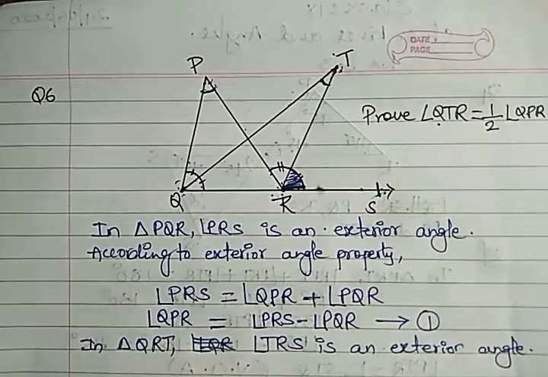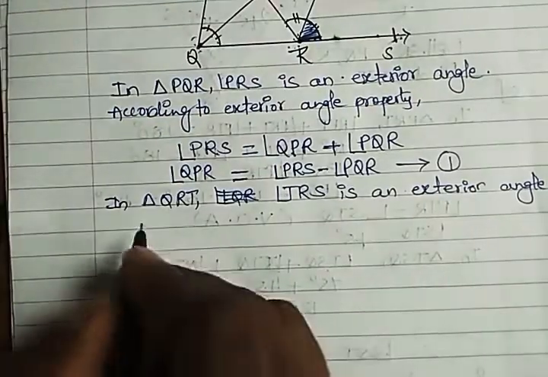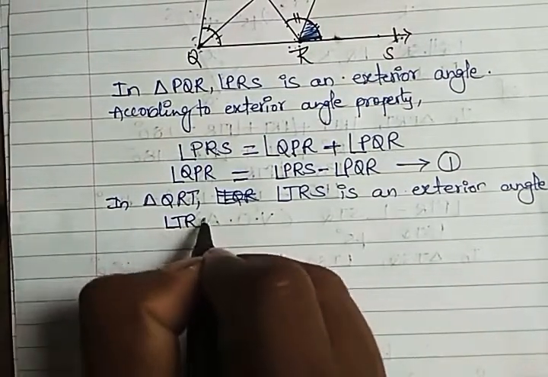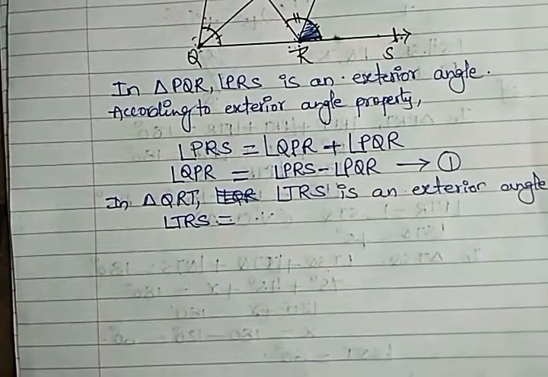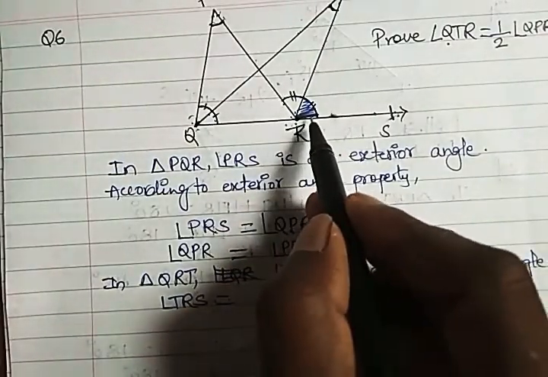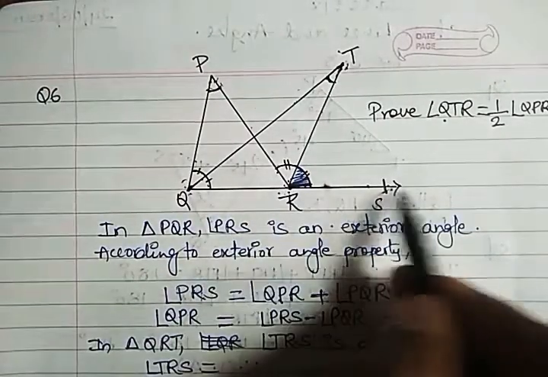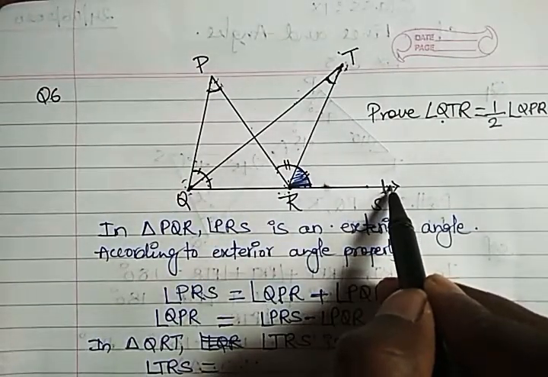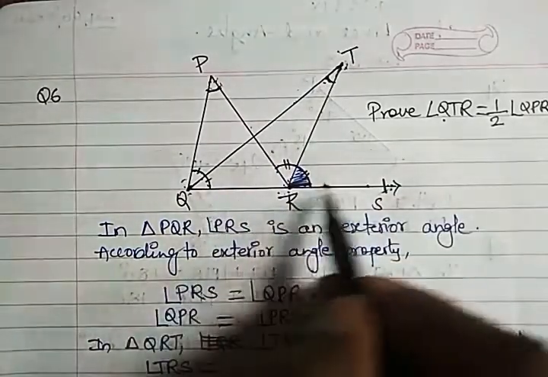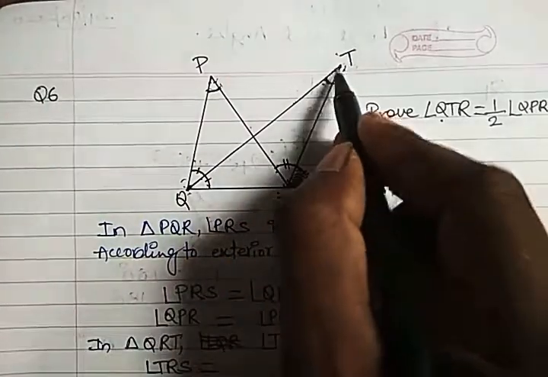So what we need to do is write the same property, the exterior angle property, for angle TRS. What does the property say? The exterior angle is equal to the sum of the two opposite interior angles. What are the two opposite interior angles?